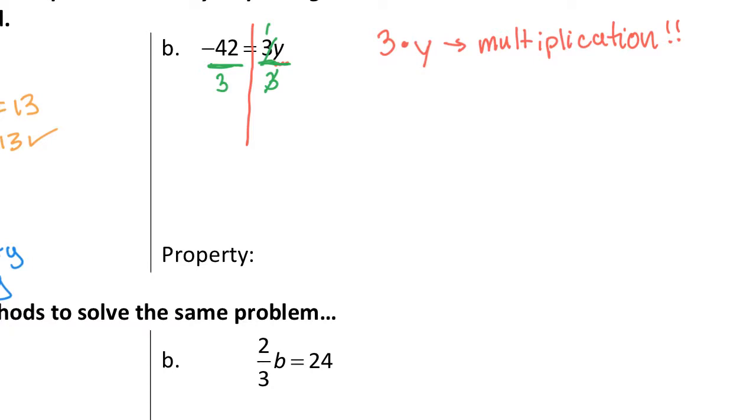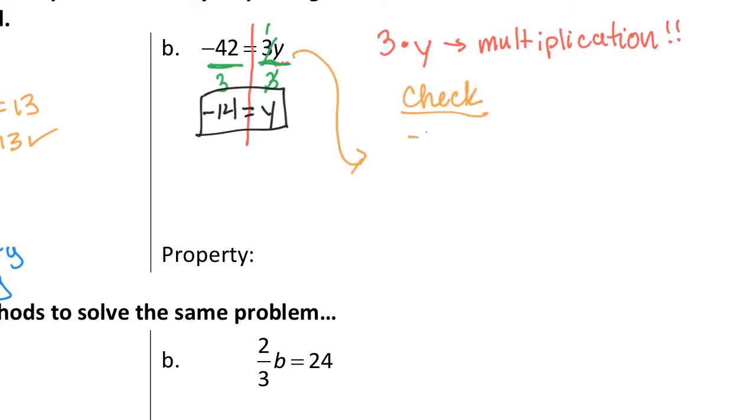Negative 42 divided by 3 is negative 14, and that equals y, or so we hope. Let's check that our answer is correct. Negative 42 equals 3 times negative 14, and we can see that that does. Negative 42 equals negative 42, so that does check out.